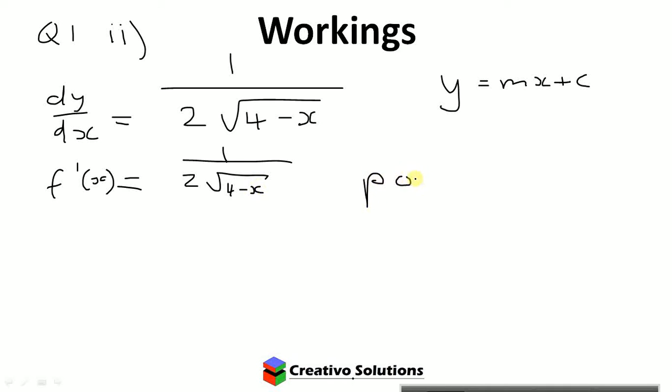The point that was given was what? Let's go back and read. 3 and 7. That was the point that was given.